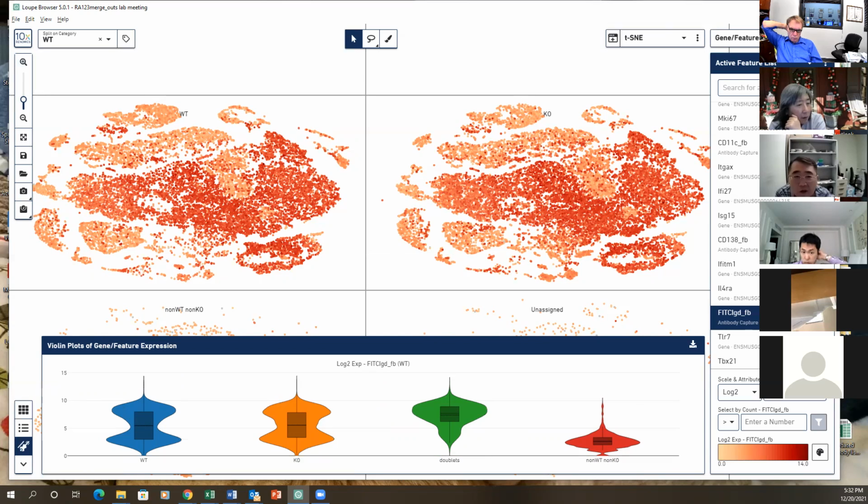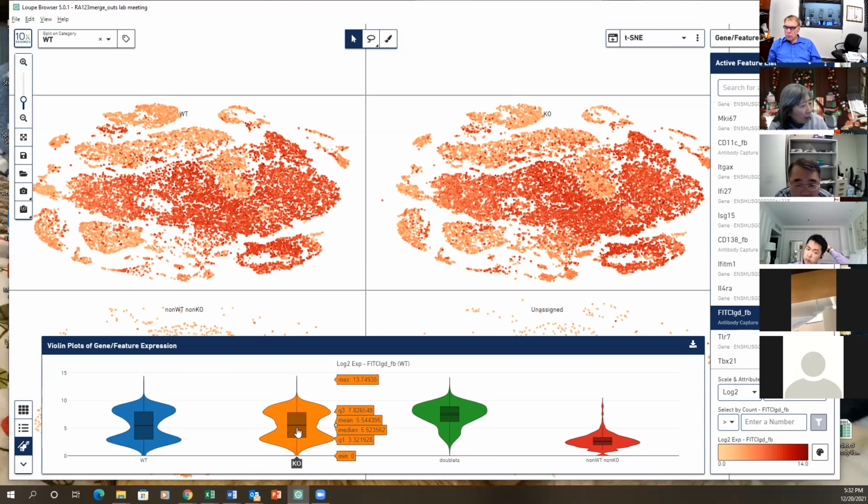For IgD, some mice have globally relatively high expression for almost every protein, not gene. Some are kind of lower. From here, it seems like the knockout has a little bit more IgD than the wild type.